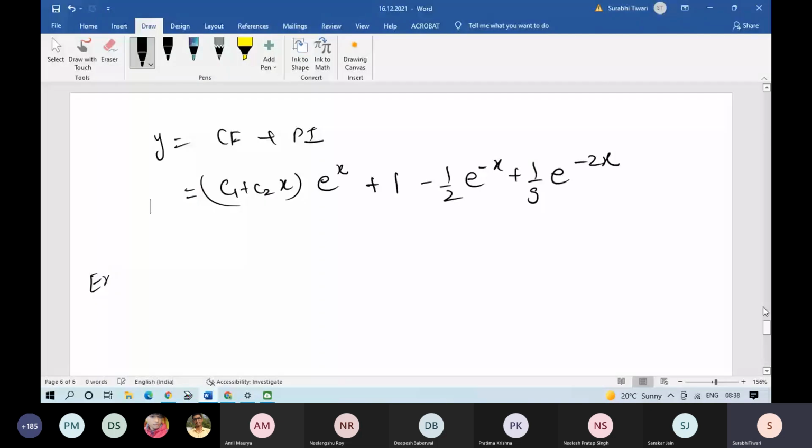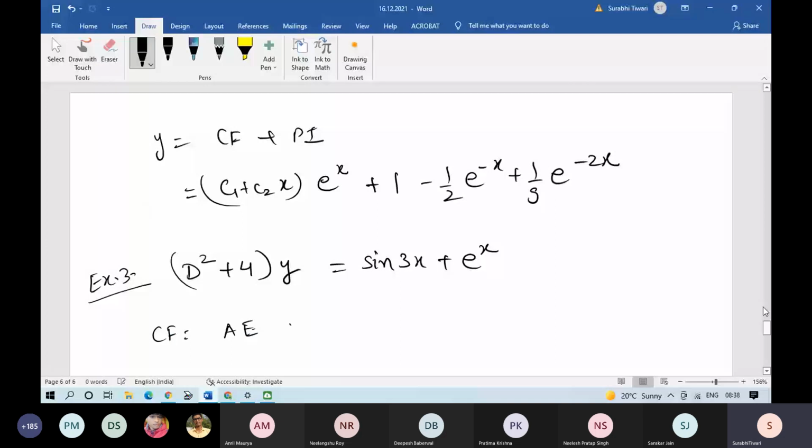Let us see one more question. (d square plus 4) y is equal to sin 3x plus e raised to the power of x. So for the complementary function, the auxiliary equation is m square plus 4 is equal to 0.